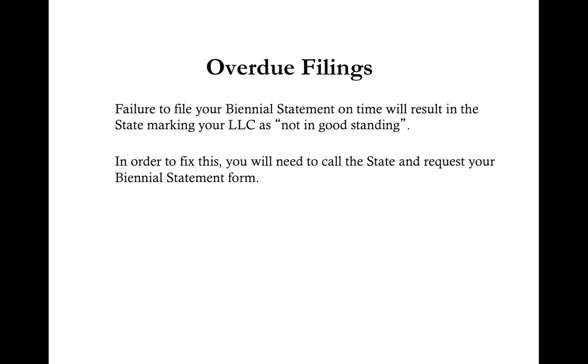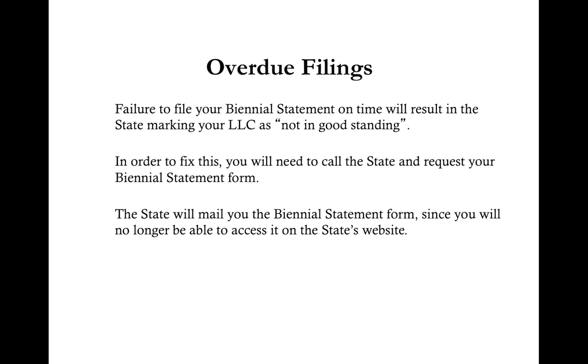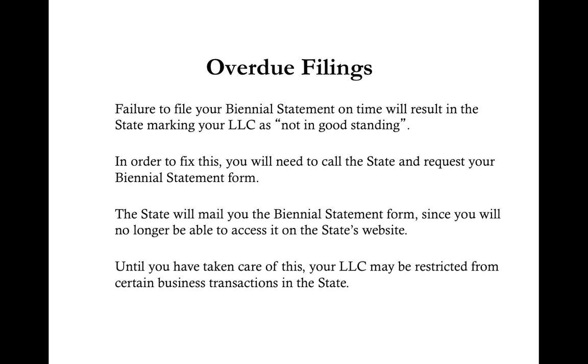In order to fix this, you will need to call the state and request your biennial statement form. The state will mail you the biennial statement form since you will no longer be able to access it on the state's website. Until you have taken care of this, your LLC may be restricted from certain business transactions in the state. Again, you can find the state's contact information below this video.